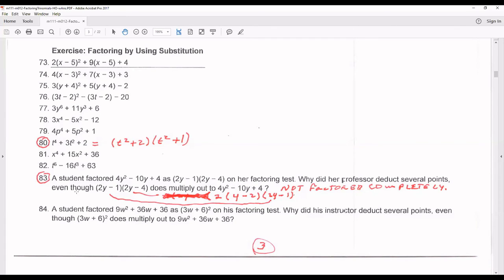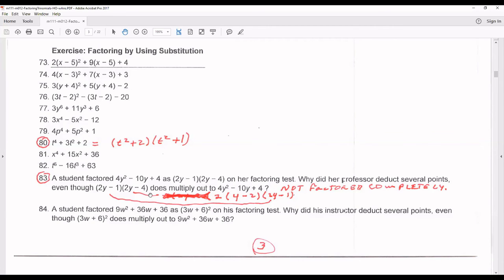Number 83. Okay, what's wrong with this? This is what it's asking. Why did the professor deduct several points, even though this is true? It's because this can still be factored a 2 out of both of these right here on this term.